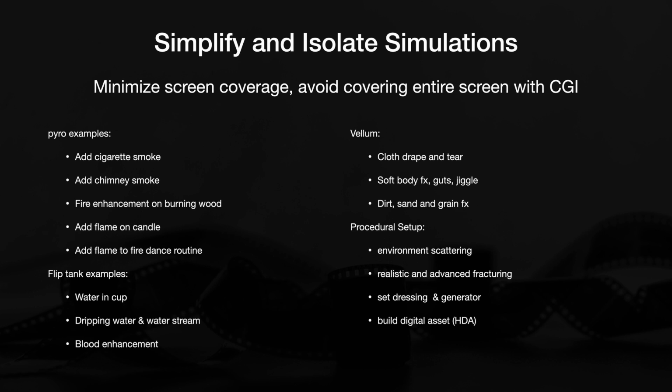As far as procedural setups, this is, once again, a good opportunity to do something unique and a way to show that you can procedurally generate something that might be difficult to do in a non-procedural program. One thing I always suggest is to create an HDA and break it down a little bit and show what you can do with that tool.